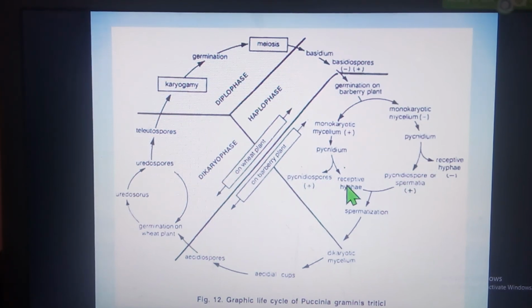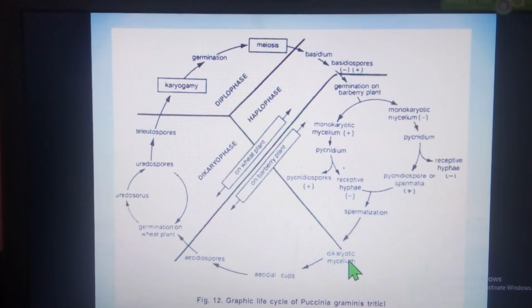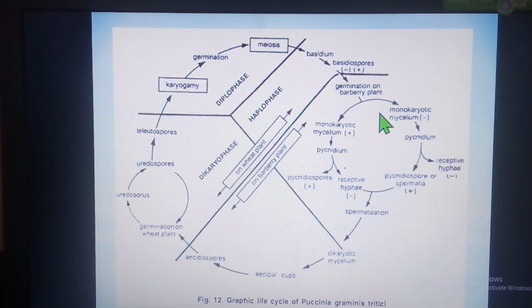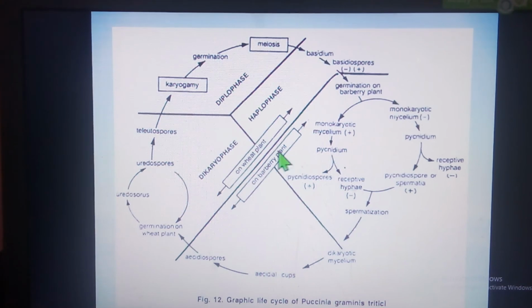In both cases, if spermatization happens, it develops a dikaryotic mycelium, and these form the aecial cups, which form the archaeospores. These things, the formation of the pycniospores and archaeospores, happen on the barberry plant.